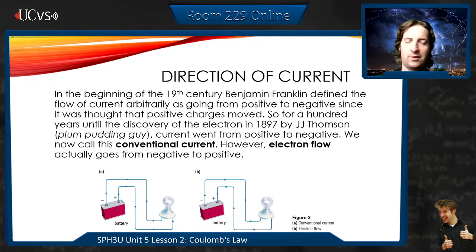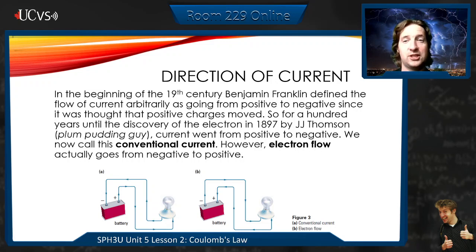Now, you got to ask yourself, why didn't we just drop the idea of conventional current? It's because all the directions of vectors and magnetic fields and all the rest of it were based on this idea, and for us to change everything would actually cause more problems.